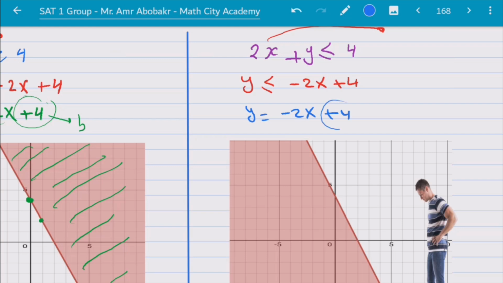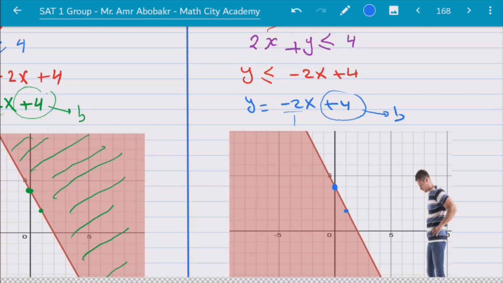So this is b, the y-intercept on the y-axis, put a dot at b, at 4. So we have negative 2, like down 2 steps, 1, 2, and 1 to the right because it is over 1. So this is the second point that I represent.